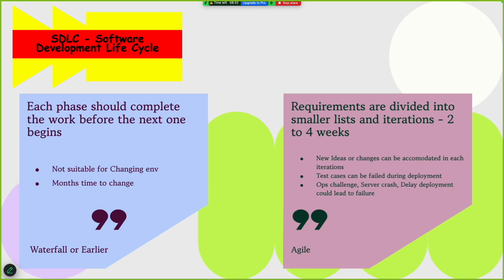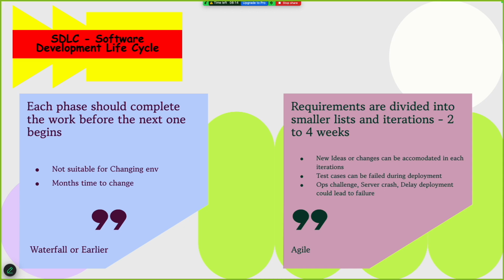So the waterfall or earlier model followed a methodology which is not suitable for a fast changing environment. And like I said, it may take 3 months, 6 months, even 1 year to make the changes depending on the customer's requirement.